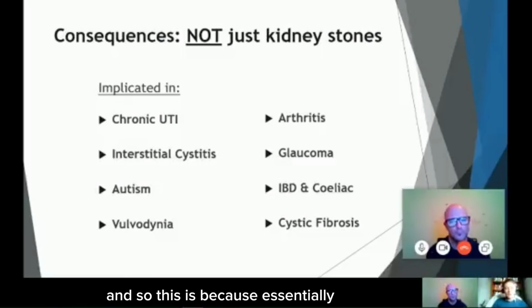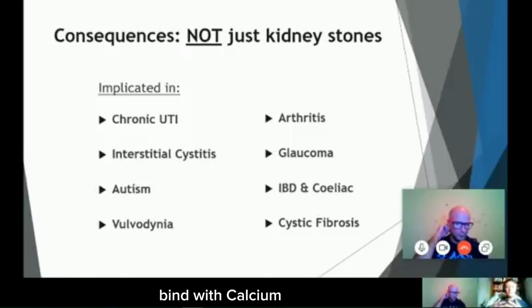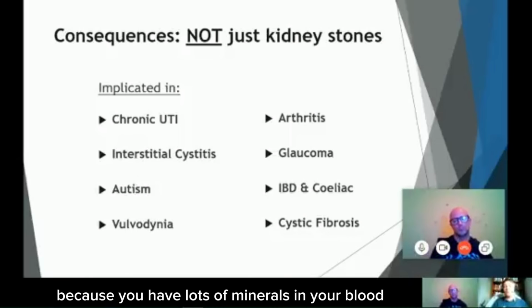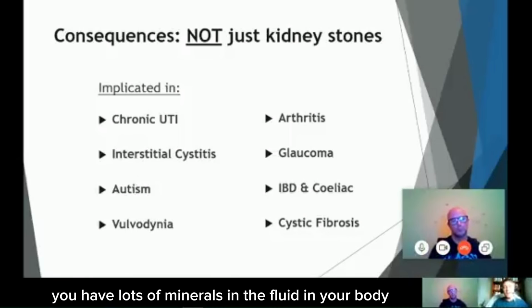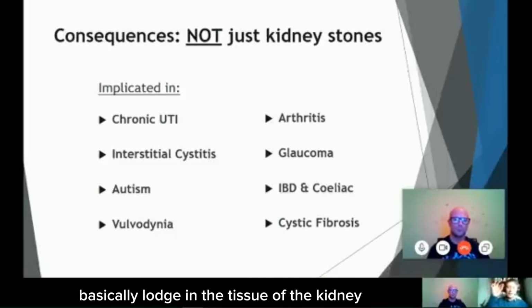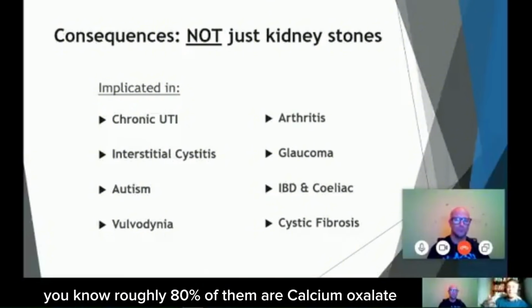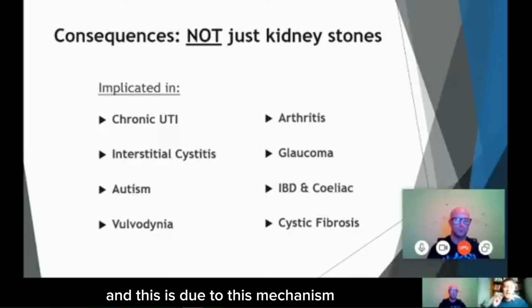This is because when oxalate is high in the blood, it goes to the kidneys, and it can bind with calcium, because you have lots of minerals in the fluid in your body. It can lodge in the tissue of the kidney. If you look at kidney stones, roughly 80% of them are calcium oxalate, and this is due to this mechanism.